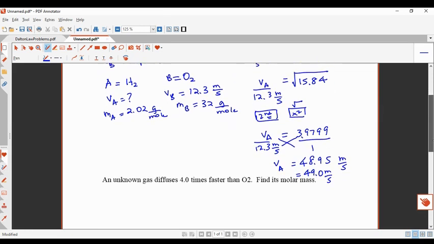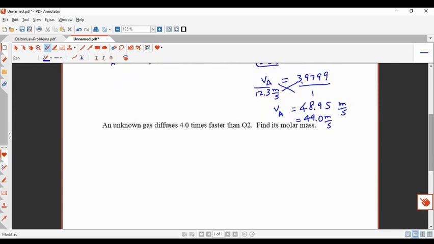I want to go over another type of problem. Here it tells us we have an unknown, and we know that it's moving 4 times faster than oxygen. So let's look at our equation again. VA over VB is equal to the square root of mass of B over mass of A. So we know that the gas is moving 4 times faster than oxygen, so I'm going to assume that oxygen is B. So VB is equal to X. We don't know how fast oxygen moves.